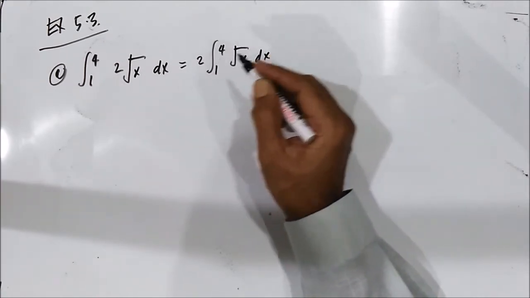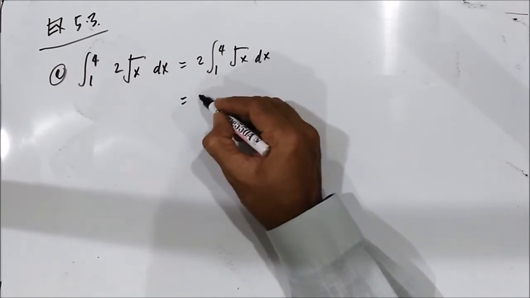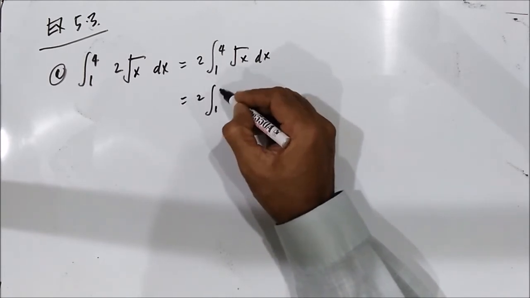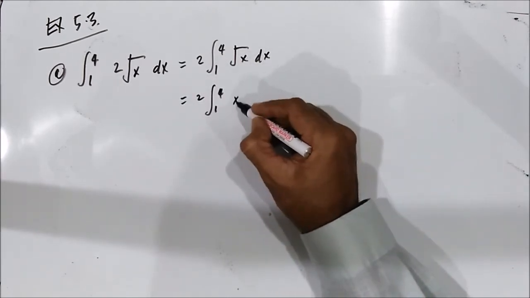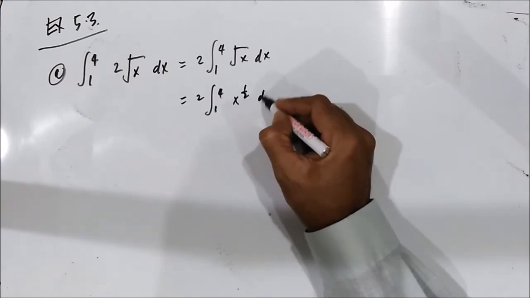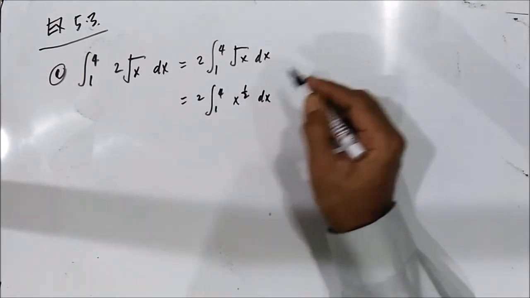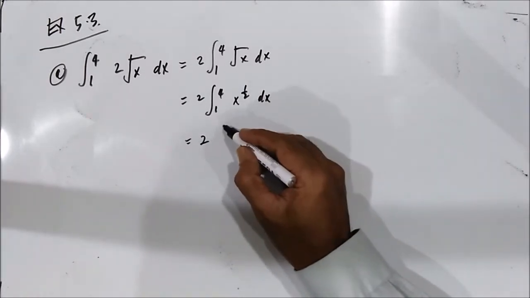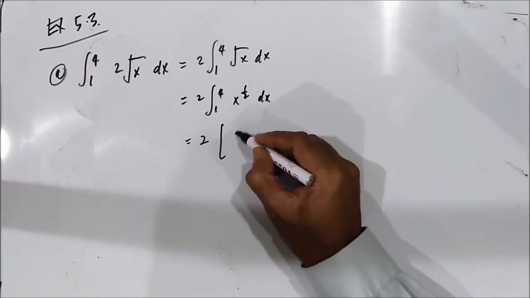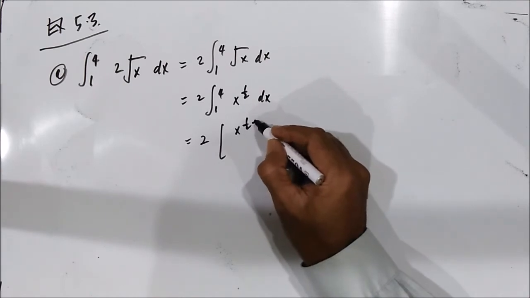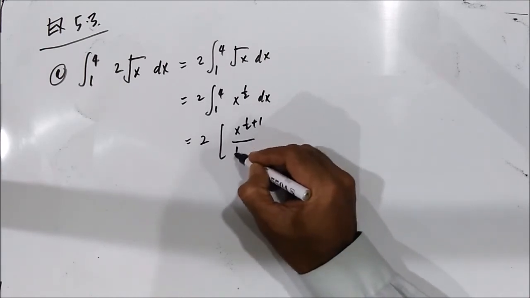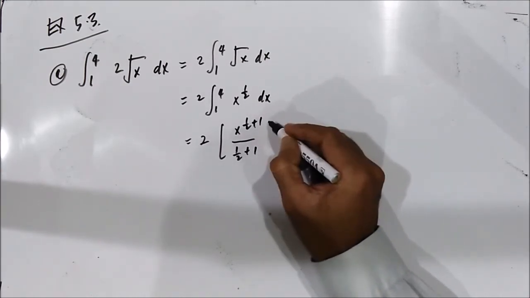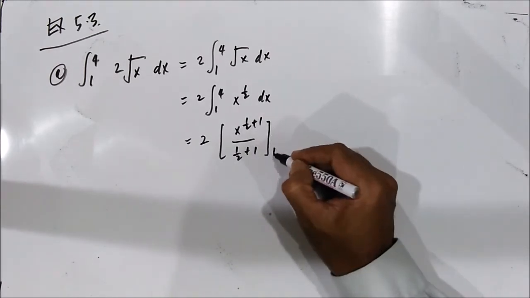So square root of x is x raised to half dx. So by definition, the integration here is equal to x raised to half plus 1 over half plus 1. Then substitute for 1 and 4.